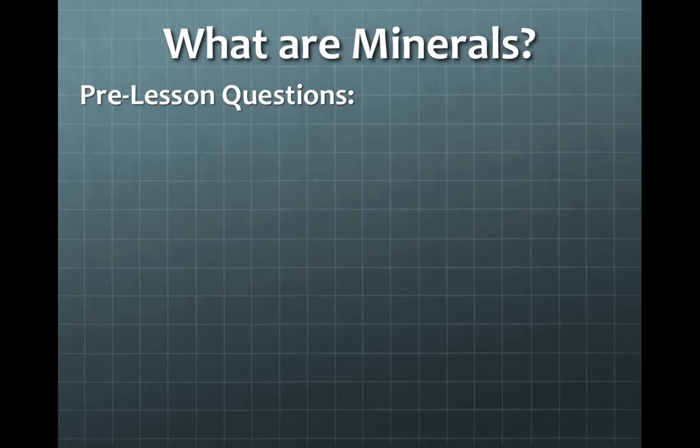Basically, minerals are so important to us that it would be impossible for us to imagine life without them. They're used to make almost everything around us that we use, except for living things or things that come from living things like food, oil, wood, those types of things.